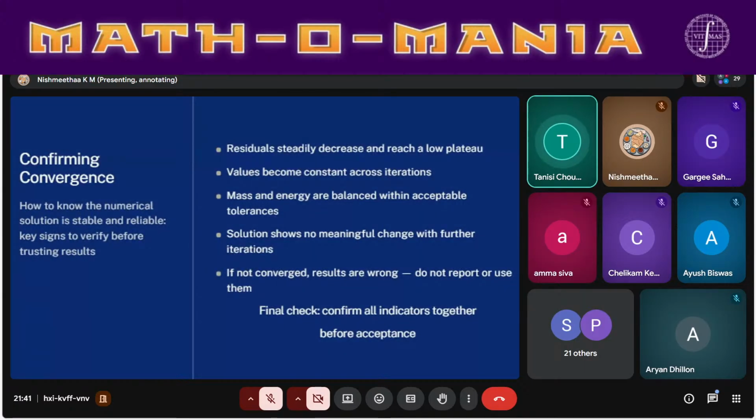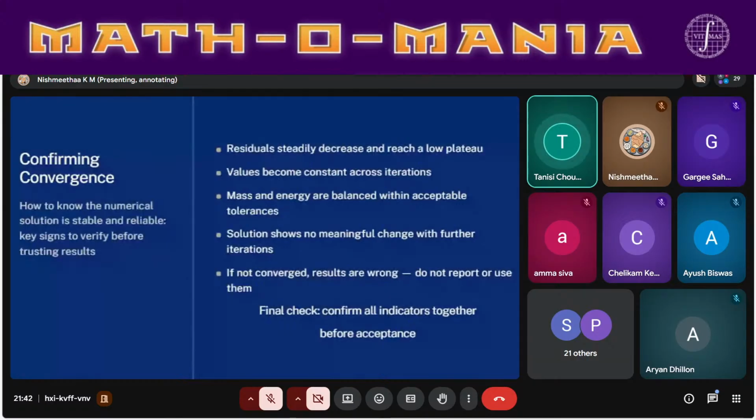And thirdly, you check the governing equations, to see if the mass and energy are actually balanced and within acceptable tolerances. If all of this is satisfied and the solution shows no meaningful change with further iterations, then you call your solution converged. If it is not converged, the results are wrong and you cannot report or use them, and you start your process again.